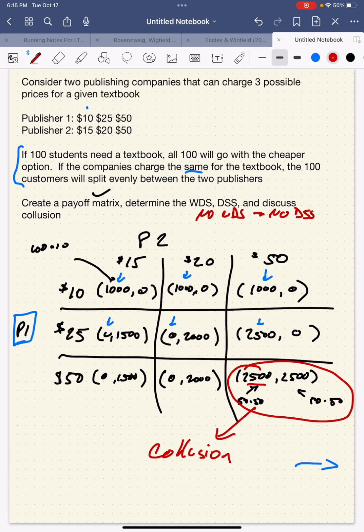And we see that there is a collusion situation where if both companies decide to charge the highest amount and split the customers, they'll still make more than everyone else. And they'd be the only winners, unfortunately not the poor, literally poor college student in this case. So hopefully this helps you solve other problems similar to this in the class.